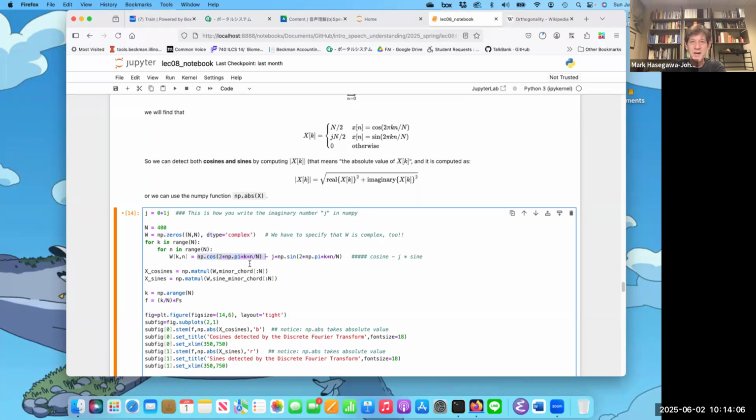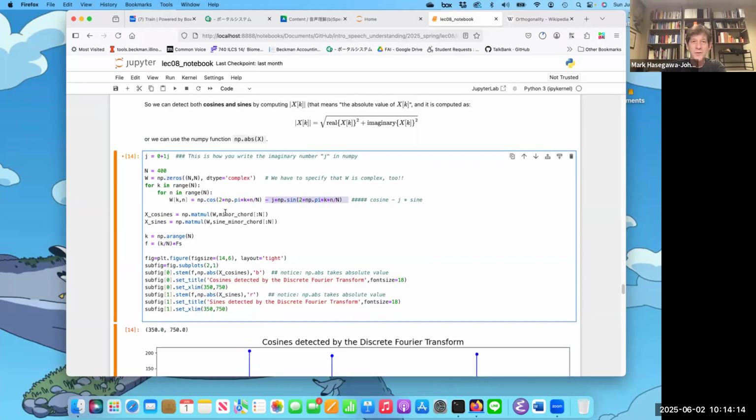Then we take the cosine of 2 pi kn over capital N minus j times the sine of 2 pi kn over capital N. When we multiply that times the cosine minor chord, we get a positive real number. When we multiply that times the sine minor chord, we get positive imaginary numbers. And so if we plot the absolute values, those will both show up.